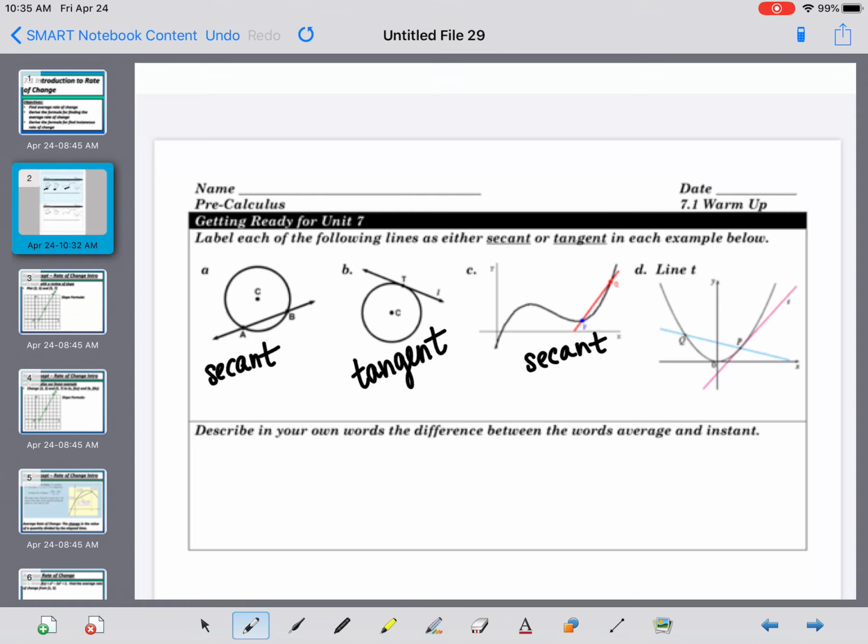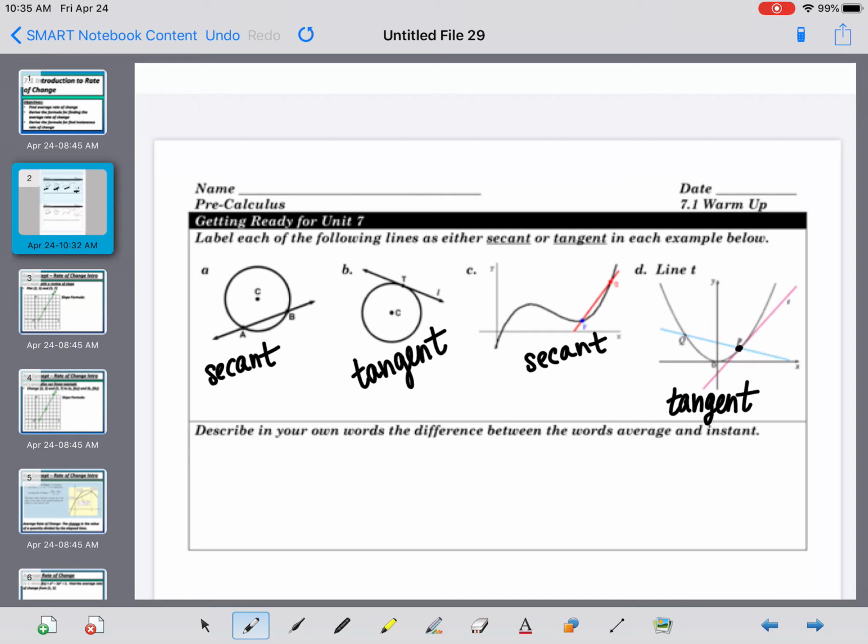So B is a tangent, and D over here, the line in question is actually the red one. You can see that it's just going through point P there. So that one is tangent as well.